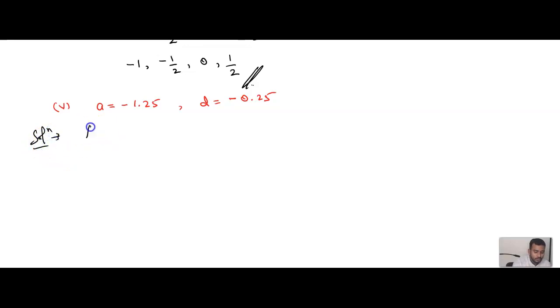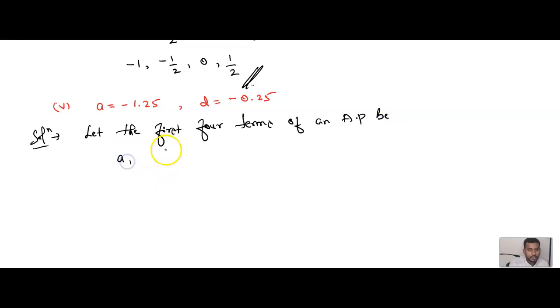Solution. Let the first 4 terms of an AP be, that is A comma A plus D, A plus 2D and A plus 3D. What is the value of A?